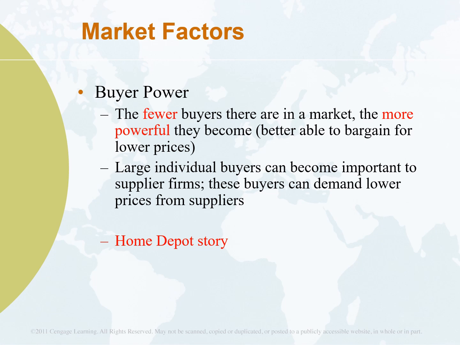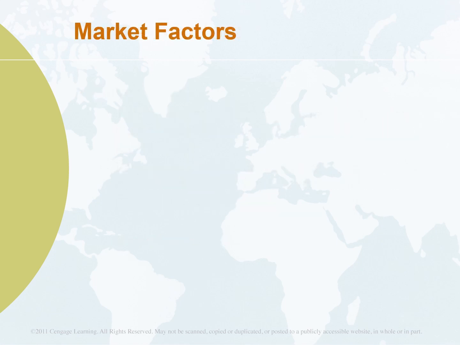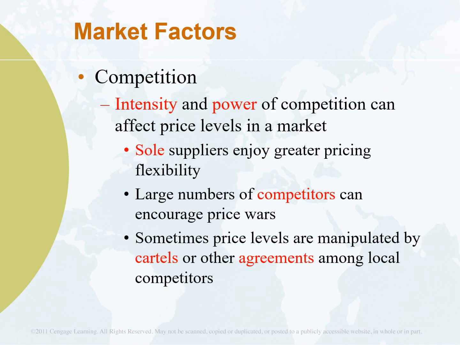Okay? Market factors, competition. The intensity and power of competition can affect price levels. Suppliers can enjoy greater pricing flexibility. A large number of competitors can encourage price wars, therefore lowering the price.